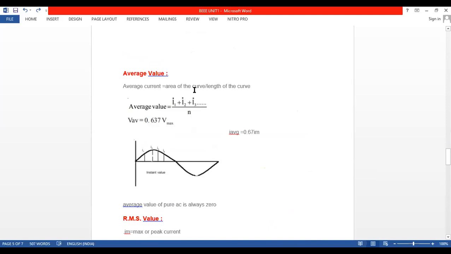Average means the marks scored in all subjects divided by the number of subjects. Now all of you see, what is the average value of this curve, which has positive half and negative half? Don't get confused. Average current is equal to area of the curve by length of the curve. Remember the formula.